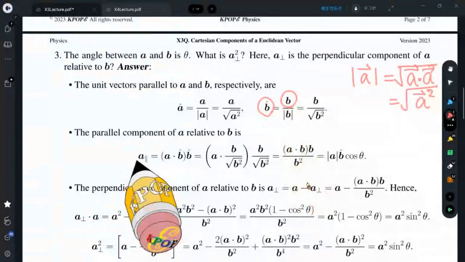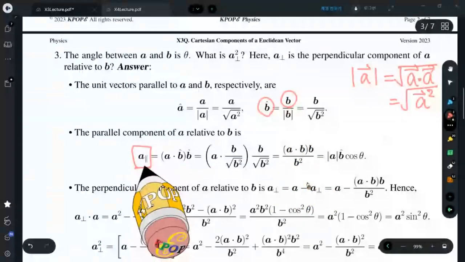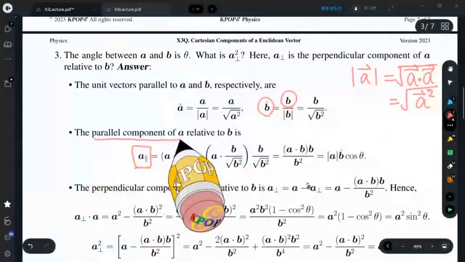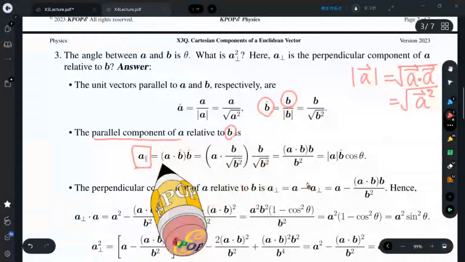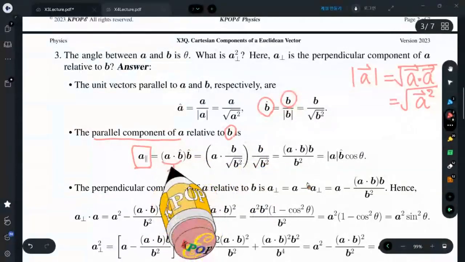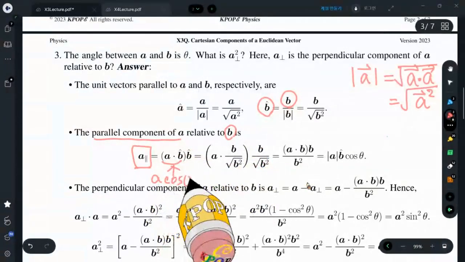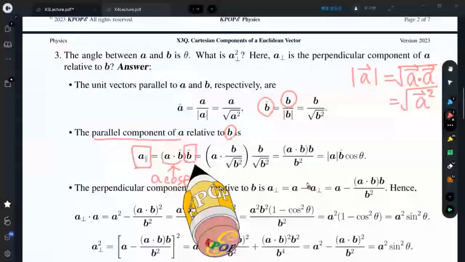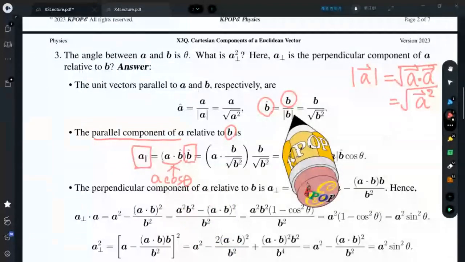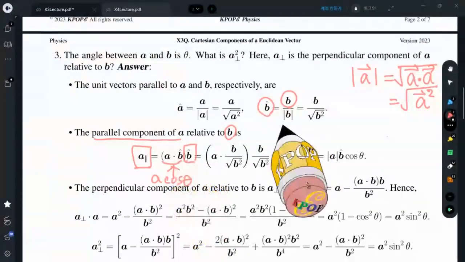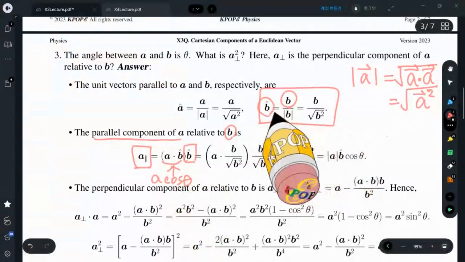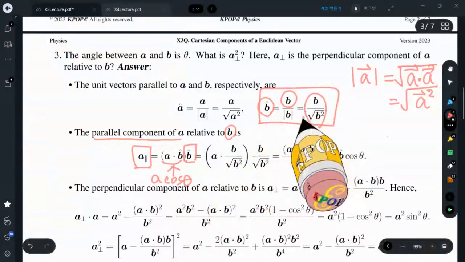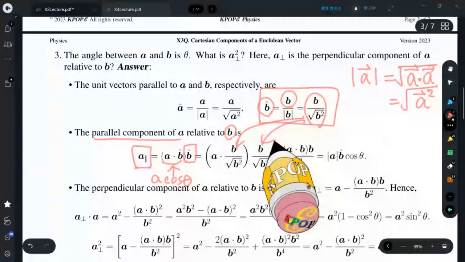Okay, we recall that the parallel component of A relative to B is A cosine theta times the unit vector along the B direction. We can substitute this value for the B hat, in here and there.